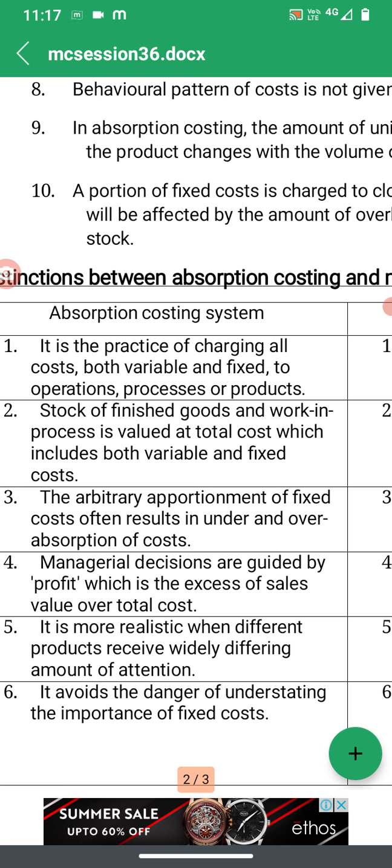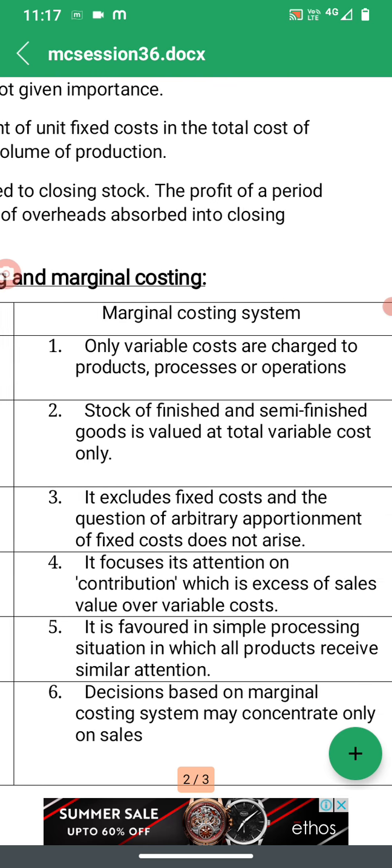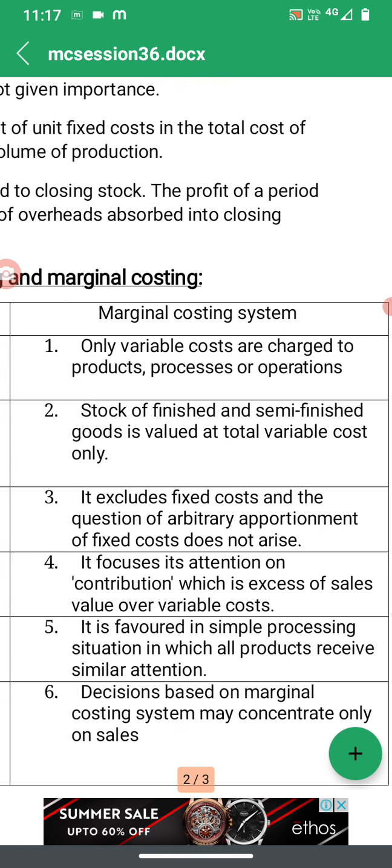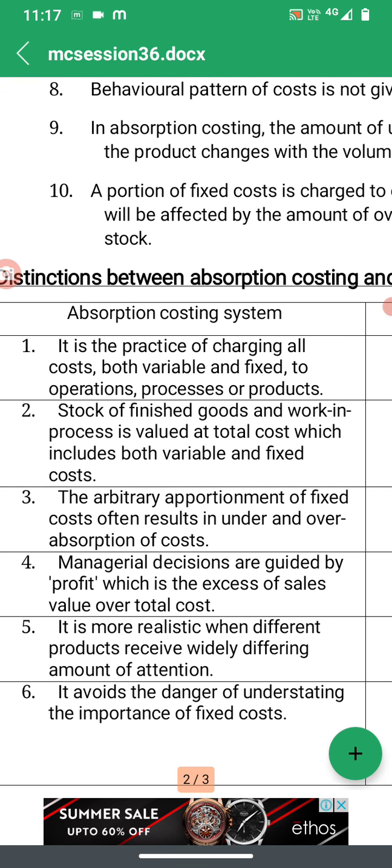But such things are not there in this particular system, as it excludes fixed cost, and the question of arbitrary apportionment does not arise.